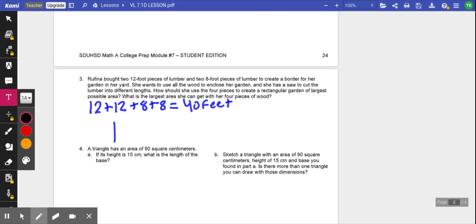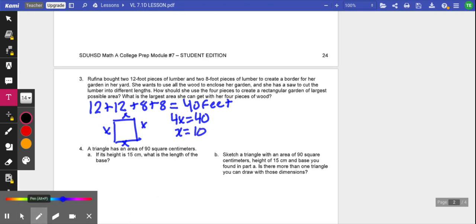We want to get close to a square, and I know on a square each side is the same. So I know that 4x would equal 40, because that's perimeter. So x would have to be 10. So if the sides of my rectangle are 10 and 10, then my area is going to be 100.